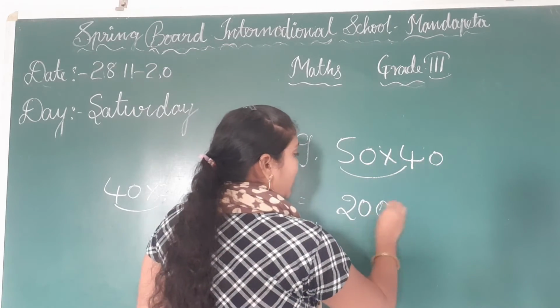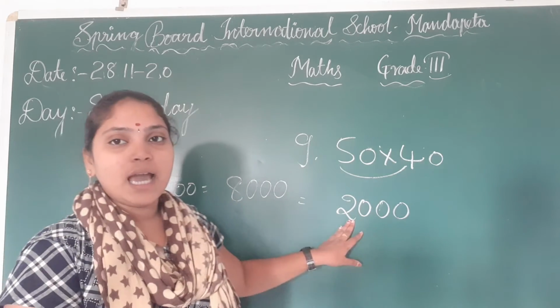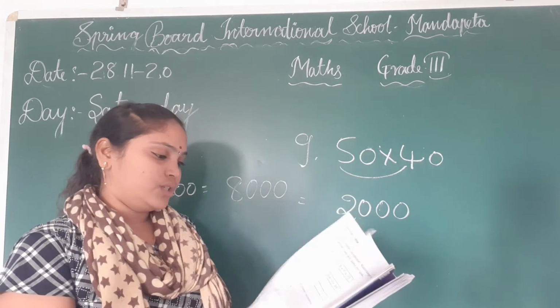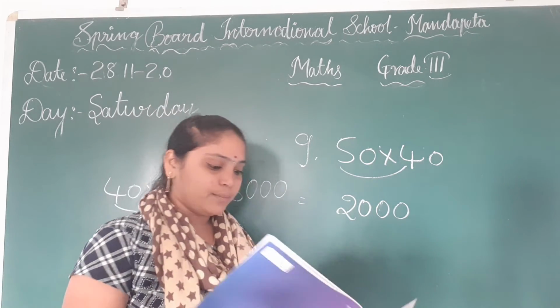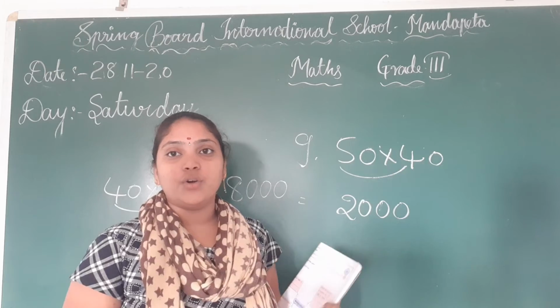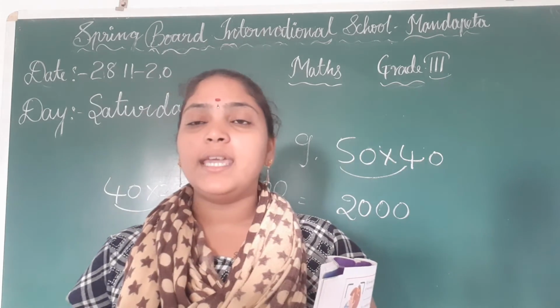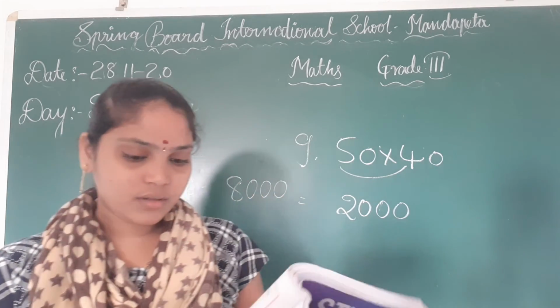So again you have to write 2 zeros. 5 fours are 20 and here 2 zeros are there. Now you have to write these 2 zeros. Okay children. And if you multiply a number with 0, the product is 0.